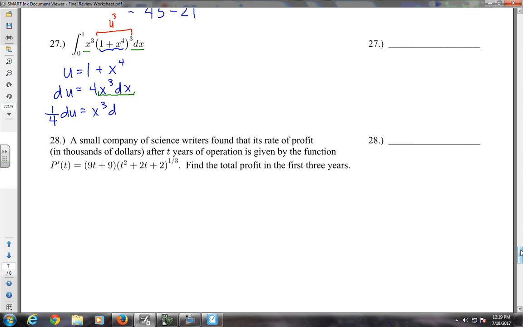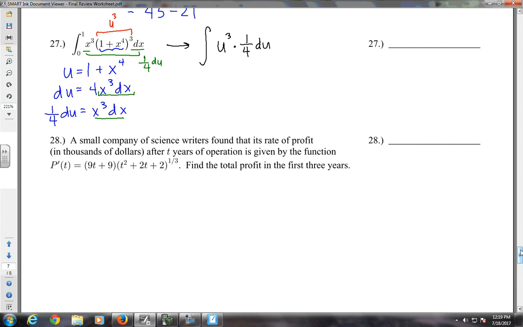So that x cubed dx in the problem will be replaced with 1/4 du. So x cubed dx, which we see right here, is equivalent to 1/4 du. So rewriting our integral in terms of u, we have u cubed times 1/4 du.